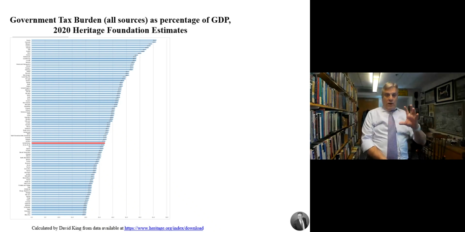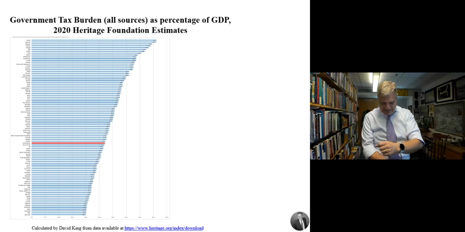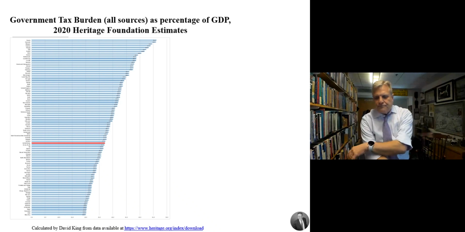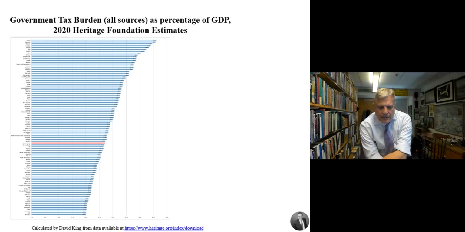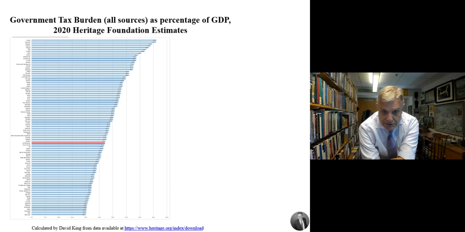They add it up across all, and Heritage is always wanting to make sure they find every penny that's being taxed, whether you call it a tax or a fee. Great data set. What this data happens not to show you is how much we're borrowing on an annual basis, which is also an important part of the story. But let's stick right here and notice the difference between those old European centrally located governments and where we are.